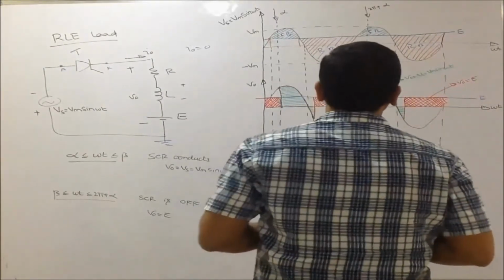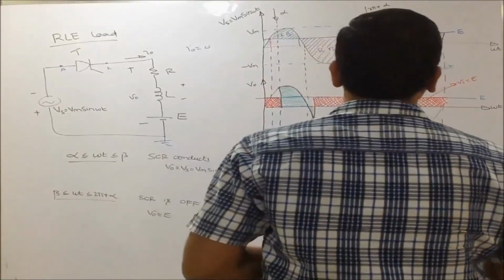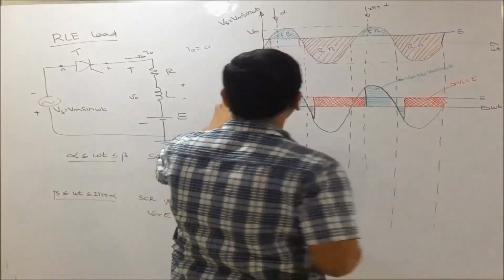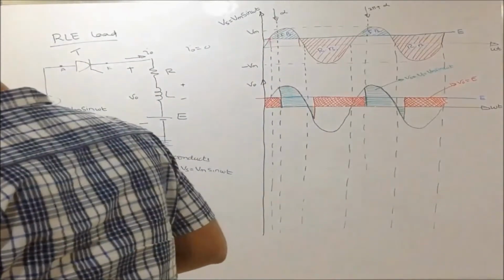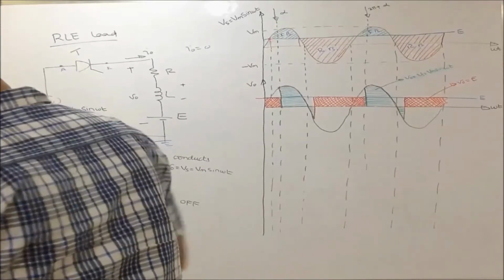So this is what my V naught is. Now we will see the waveform of I naught also.